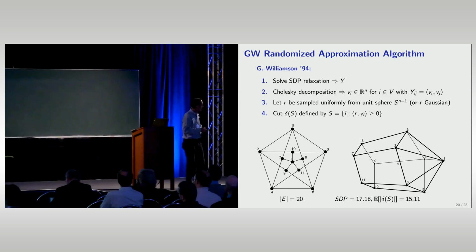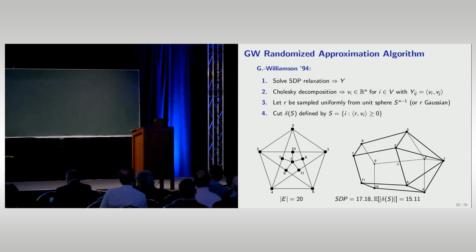So here is one idea: you take this semi-definite program and view it as a Gram matrix. You view Yij as the inner product of Vi and Vj, in which Vi and Vj are unit vectors. For example, if I take the original graph and solve the SDP and look at these vectors, they nicely will lie not in 11-dimensional space, but in 3-dimensional space.